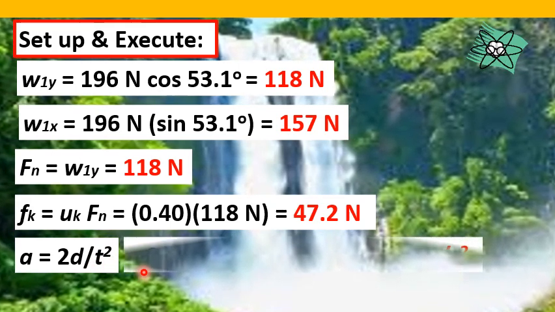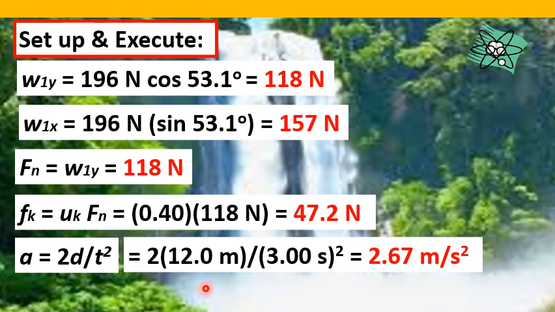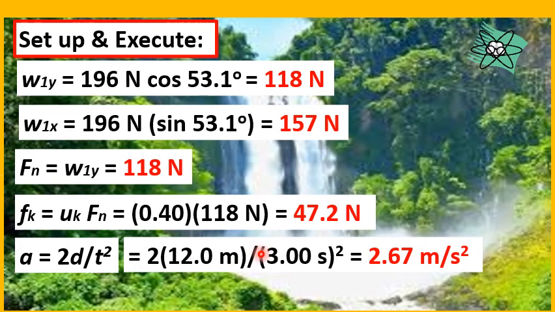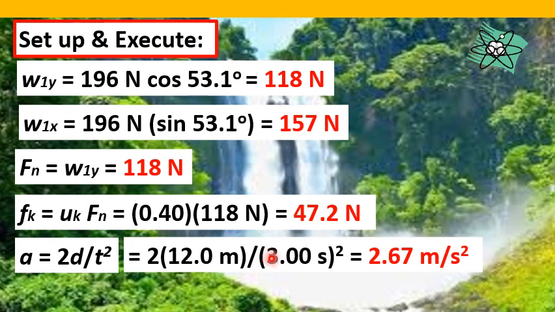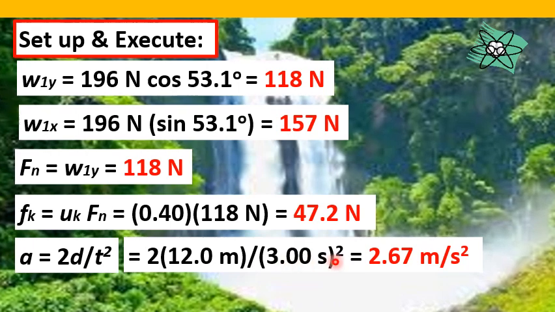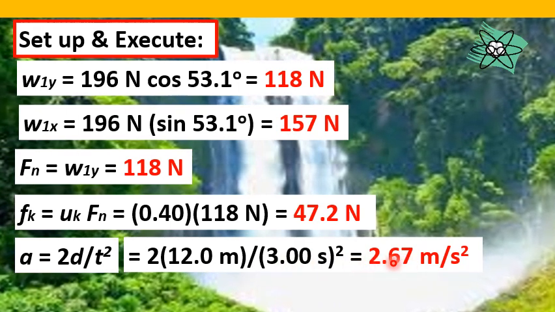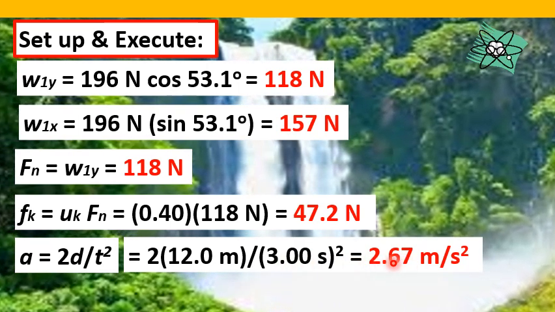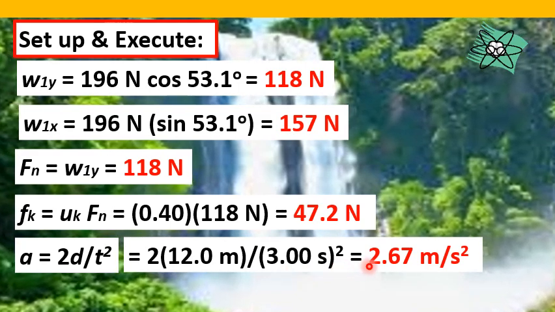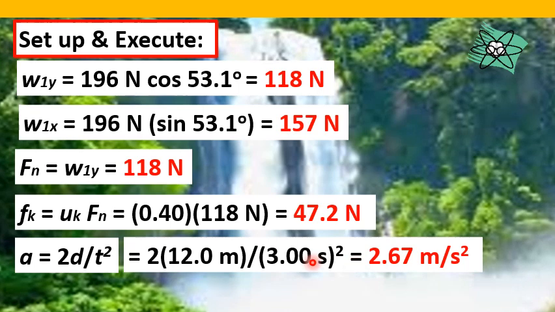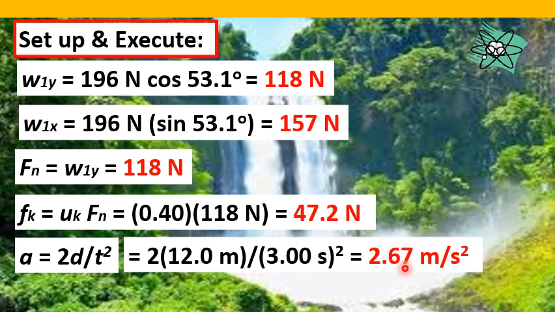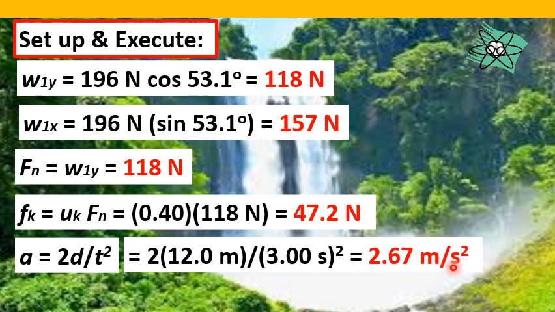That is, acceleration equals 2 times 12.0 meters, divided by the square of the time, 3.00 seconds. So doing our math, we find the acceleration of m2 and that of m1. In other words, the acceleration of the two mass system is equal to 2.67 meters per second squared.